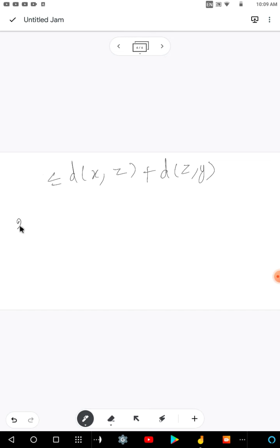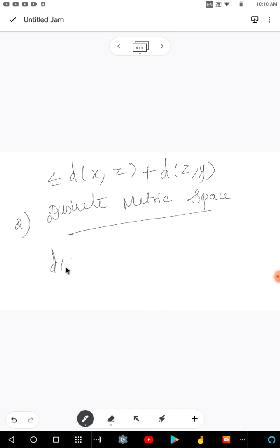So the second metric is the discrete metric space. What is a discrete metric space? The distance between any two points, if you take any two values, is 1 if x is not equal to y, and 0 if x is equal to y.